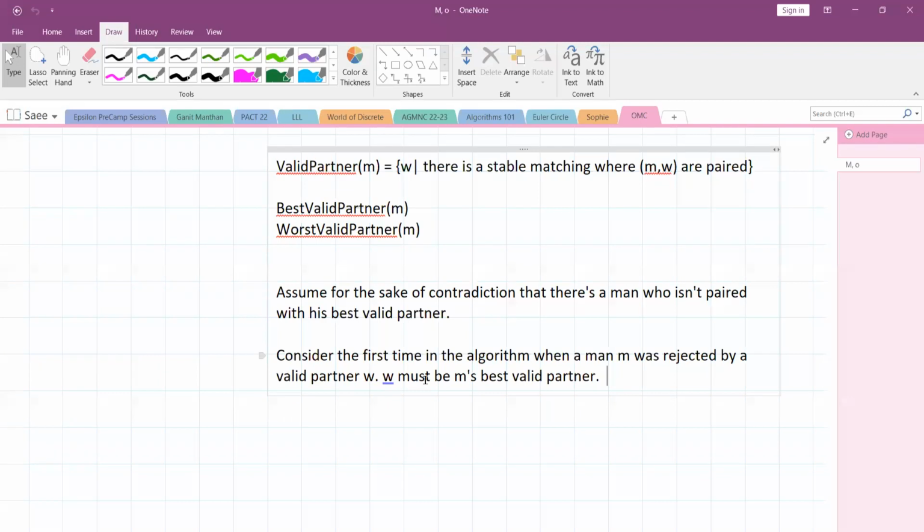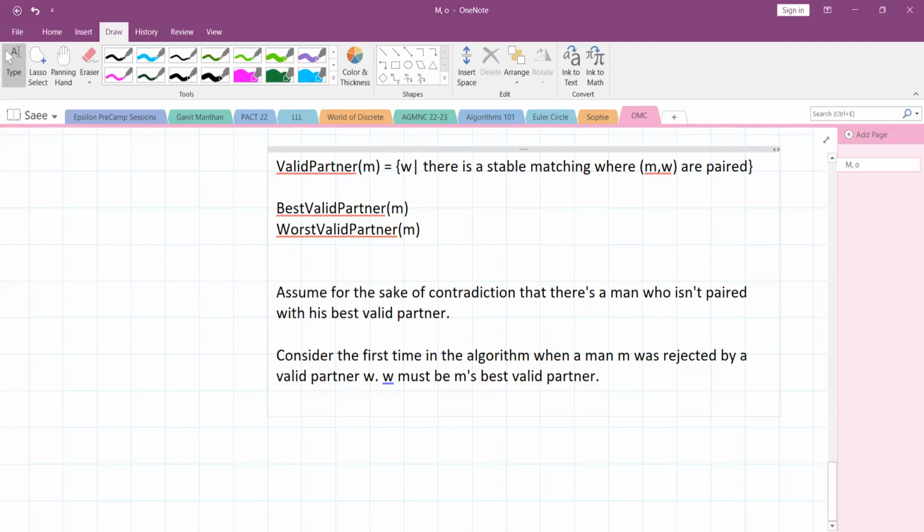Because he was rejected by someone who he liked more than W. That means M must have been rejected by his best valid partner as well at some point. But then we're saying this is the first time in the algorithm when anybody was rejected by their valid partner. Does that make sense? Which is a contradiction. So W must be M's best valid partner. Did that make sense?